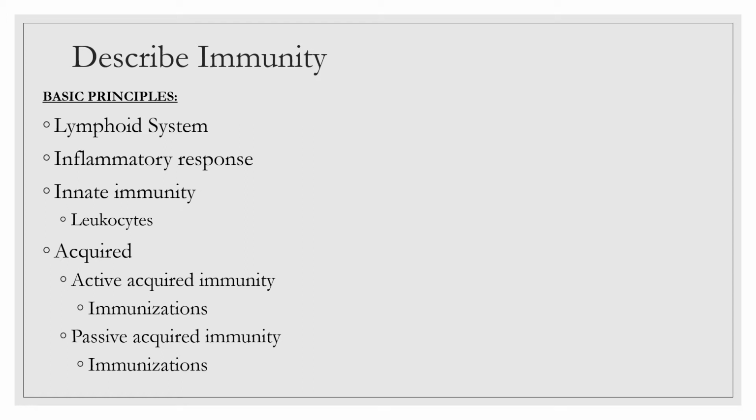We have lymphoid tissue all throughout the body. And of course, we have the spleen, which is a big part, an organ of the lymphoid system. That organ is acting like a filter. It's where old and injured red blood cells are destroyed. Also, there's a high concentration of lymphocytes in the spleen.